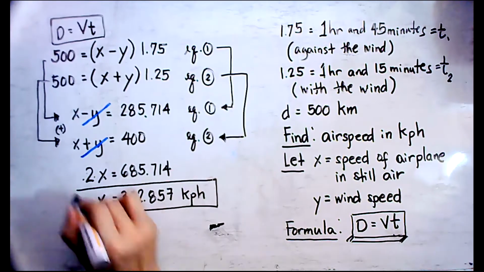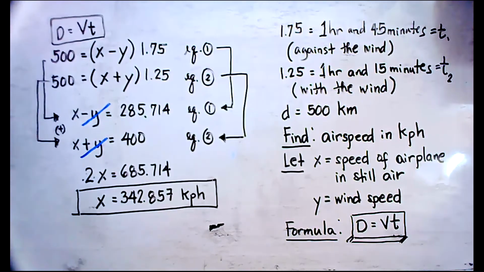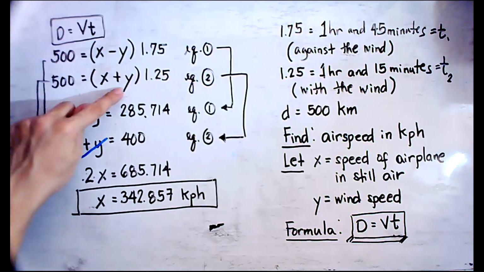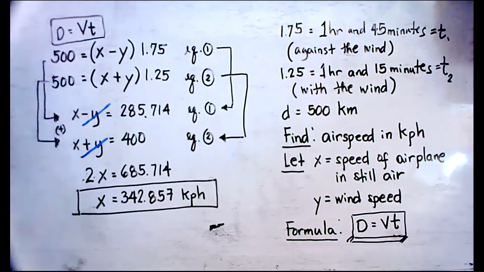for x. The value of the speed of airplane in still air. But if you are going to ask or to define the value for the wind speed, all you have to do is to substitute this value of x to any of the equations so that you will have the value for y or the wind speed.